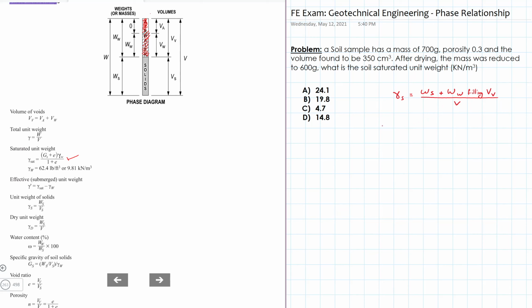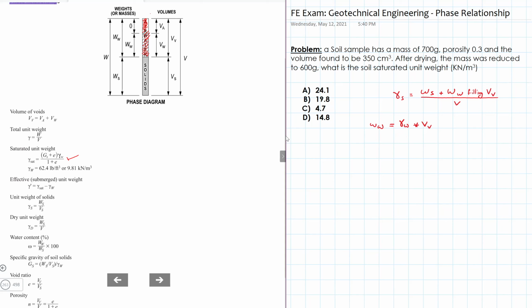Now, the weight of water filling the volume of voids is simply the unit weight of water multiplied by the volume of voids.